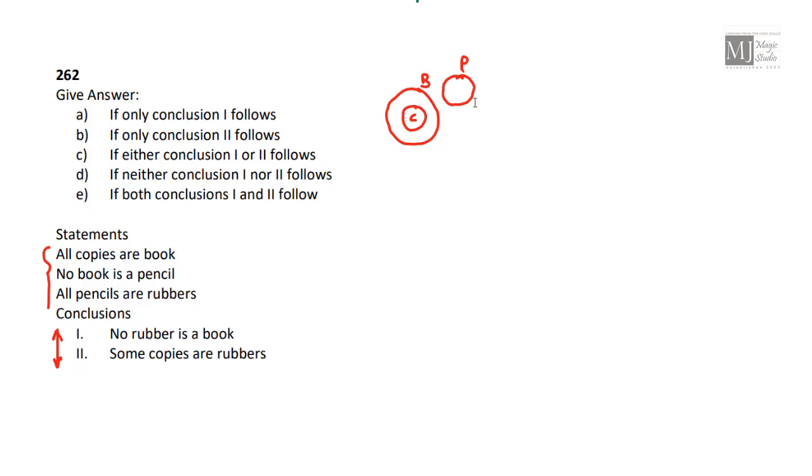Now, how will we draw the set for rubber? How will we draw the circle, the Venn diagram for rubber? All pencils are rubber. It can be like this, rubber, or it can be like this.